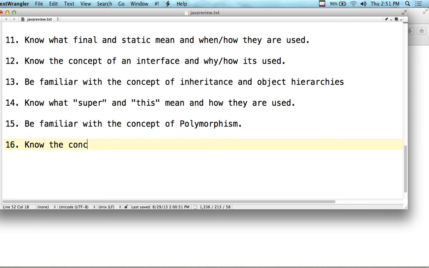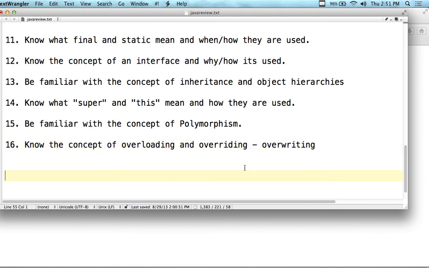Know concepts of overloading and overriding. Also overwriting, if you like that word better. They actually mean two different things, but if it helps your understanding, this complements and is used in polymorphism.